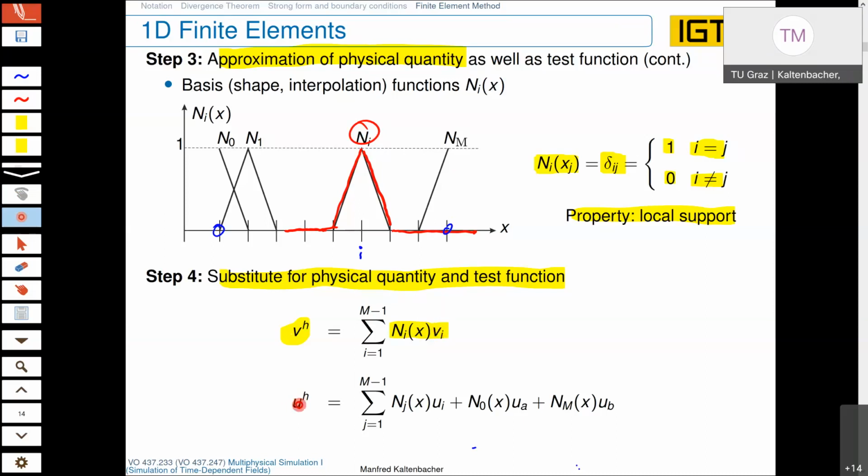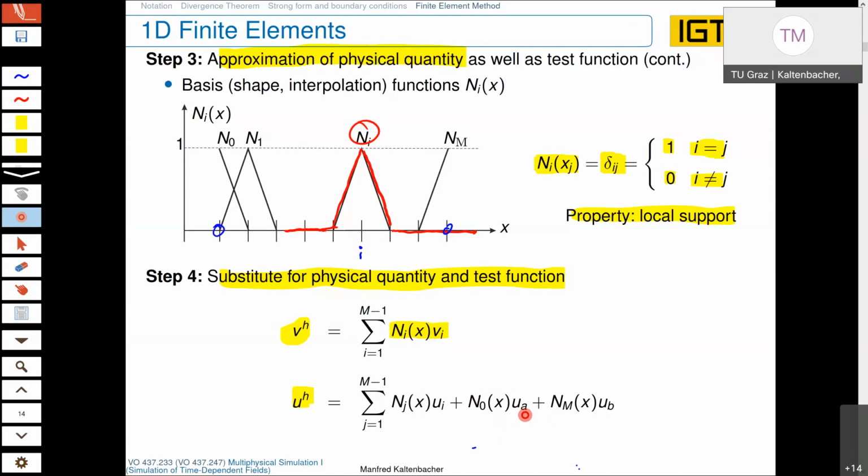And for the physical quantity, I just have rewritten it on this slide. It is again for node j equal 1 to M minus 1, where it is unknown, and it is known at node 0 and node M, where we know the value already due to the Dirichlet boundary condition.